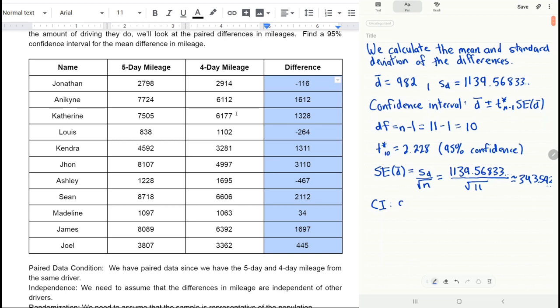We have 982 plus or minus our critical value, 2.228, times the standard error, 343.592. This gives us 982 plus or minus a margin of error of 765.524.